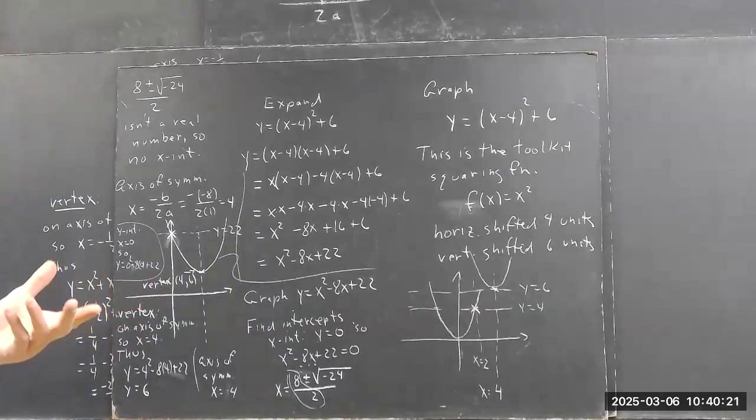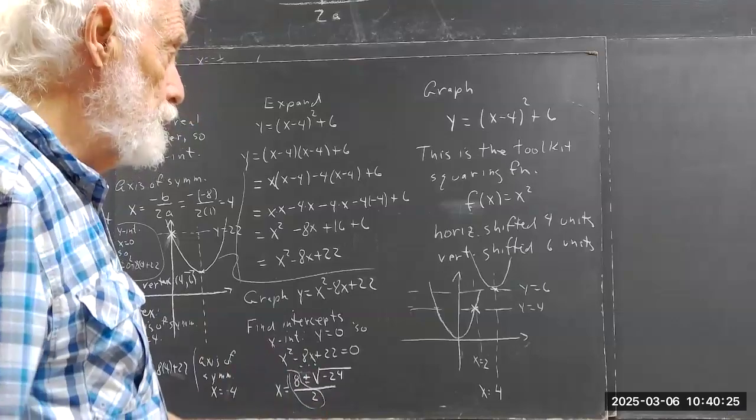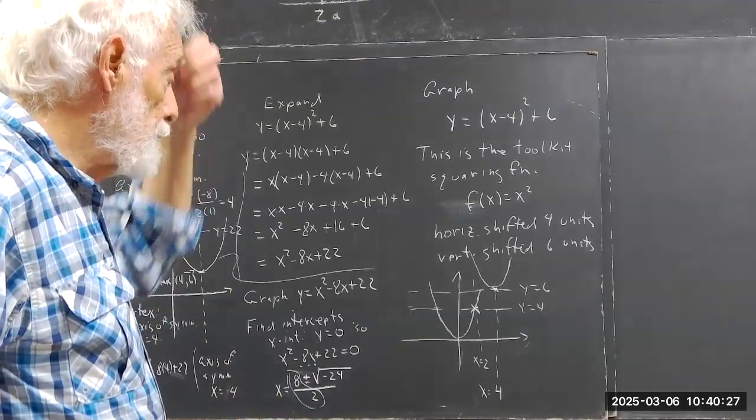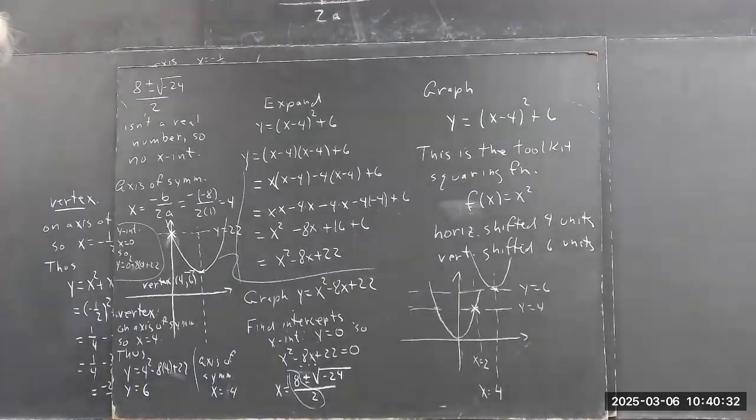There's our graph. Okay. So we have 2 ways of graphing one of these things. One by transformations, and one by finding intercepts and axis of symmetry and vertex.